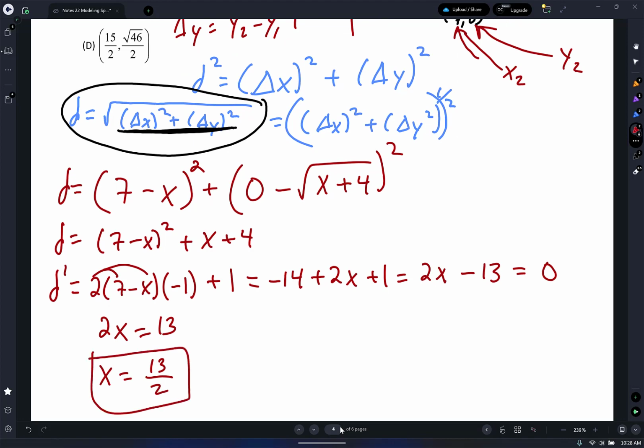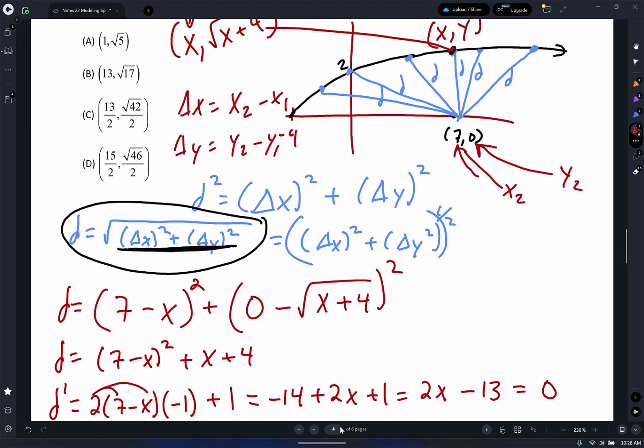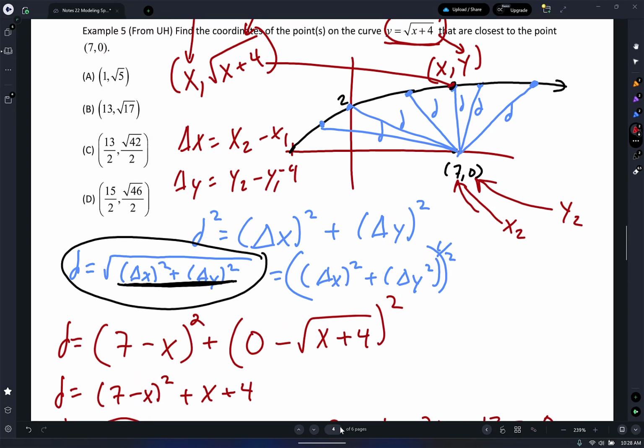This is the one that's going to give me my smallest value. And if you want, you can already just look at your answer choices and you can see there's only one with 13 over 2. What's the answer?